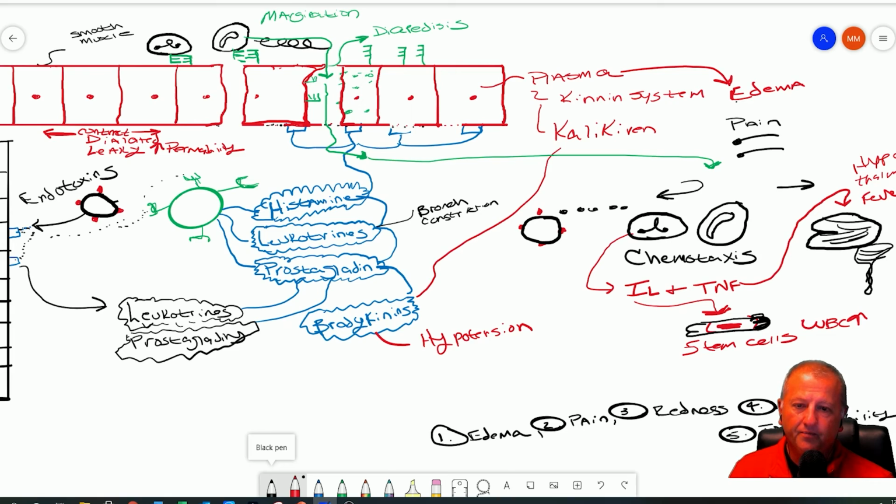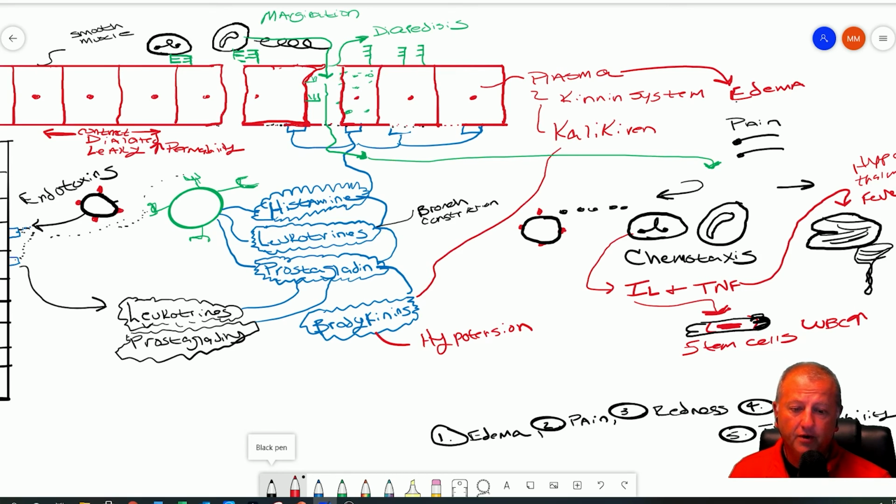Blood vessels are made of smooth muscle, so they contract, they dilate, they become leaky, which means they increase their permeability. We have plasma then moving out into the extracellular space, causing edema. That edema right here is putting pressure on pain receptors. So we have pain.